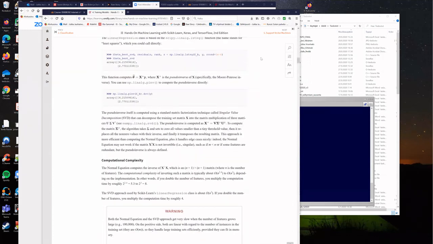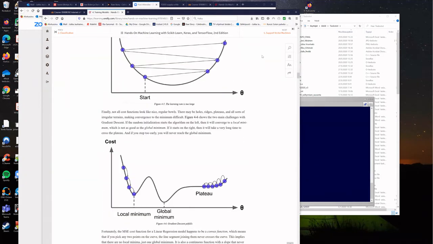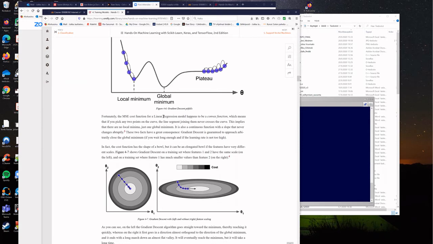So the global minimum in general is a situation where these model parameters fit the data the best.